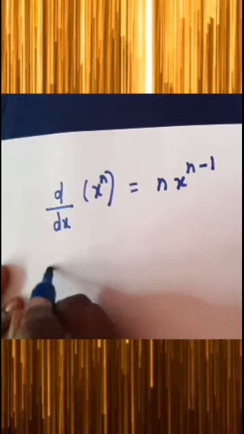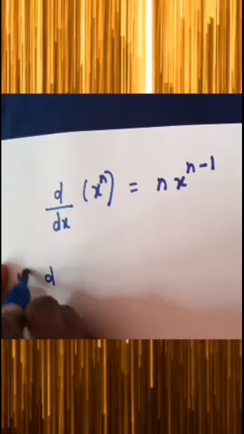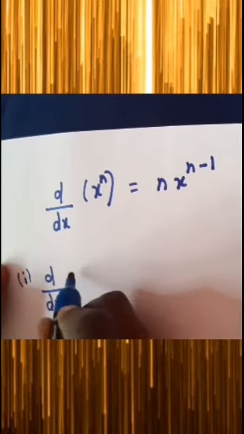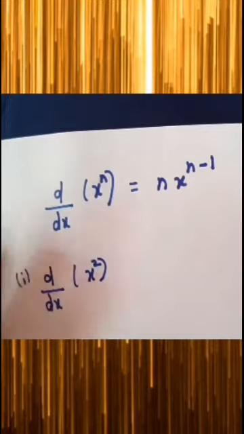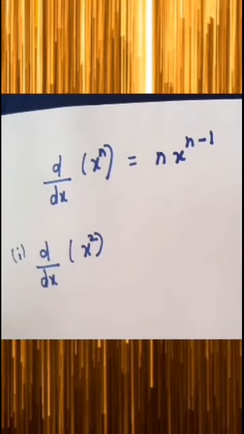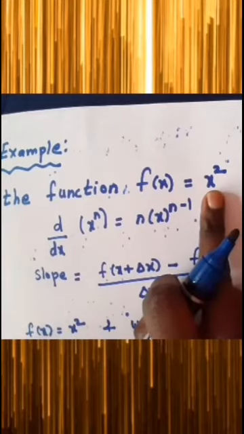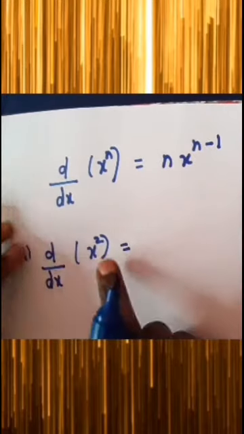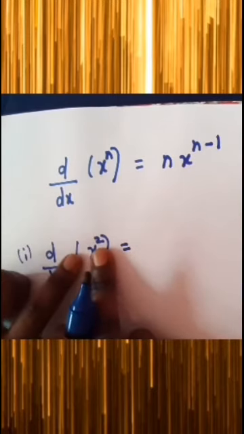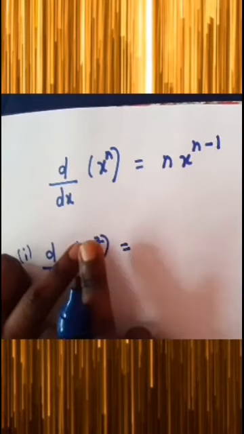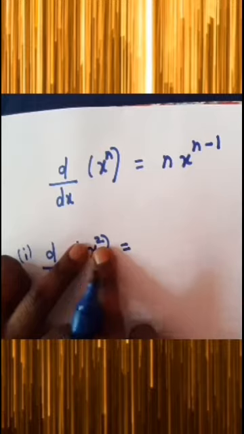So here in this example, we have differentiated x square. We took the function f of x is equal to x square, and I'm applying it in this formula. What is n actually? The power is 2, so n is equal to 2.